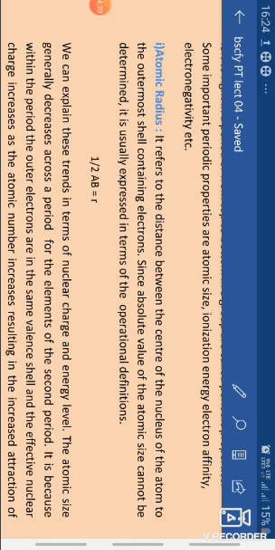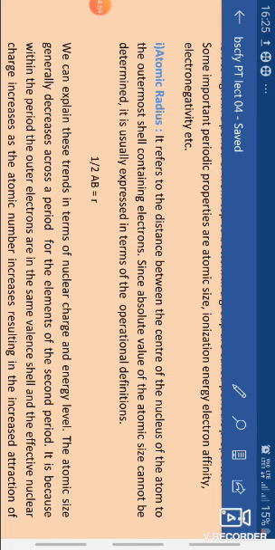But when we go from one period to another in a group, a new extra shell is successively added to the atom, and this expansion is higher as compared to the nuclear charge, and hence the size of the atom increases.